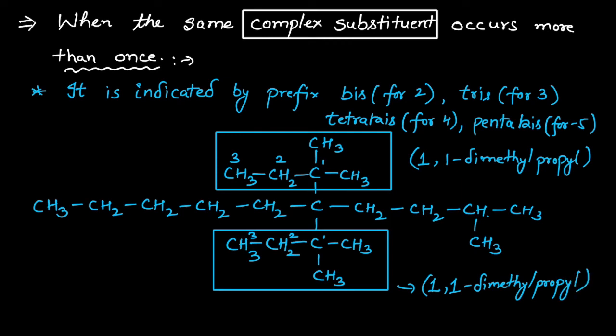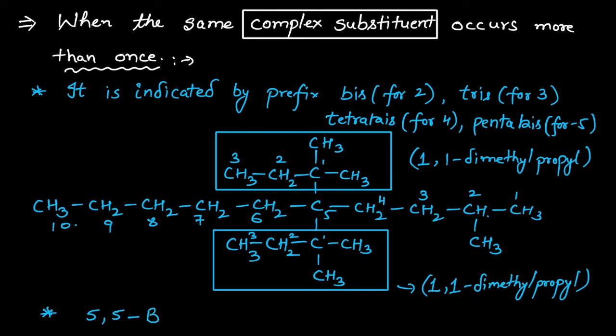So we won't write it as di-1,1 dimethyl propyl. No, because this rule says that whenever the same complex substituent occurs more than once, it is indicated as bis for 2 and tris for 3 and so on.